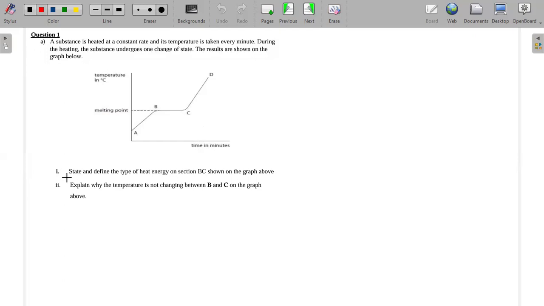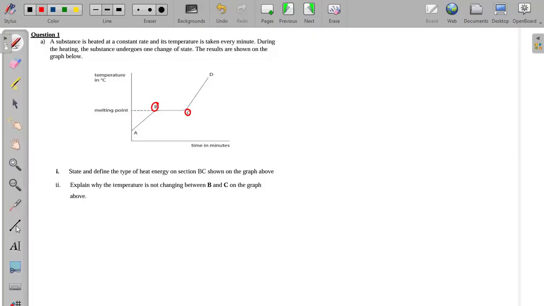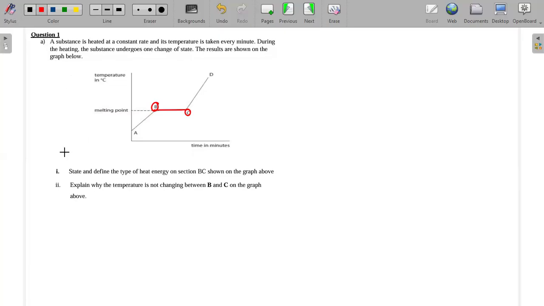So they want us, in part 1, to state and define the type of heat energy on section BC shown on the graph. So where is section BC? Section BC is here, and we can tell that on section BC the temperature is constant.